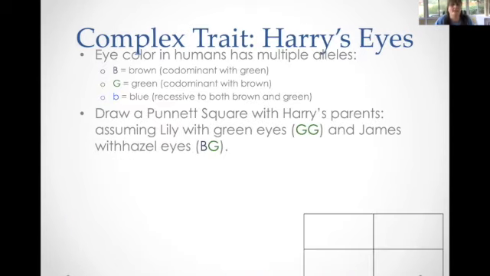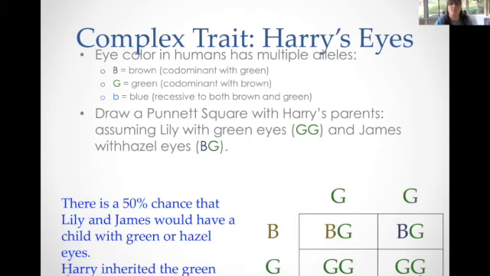Then we have Harry's eyes. This gets a little more complex. I just like to show it. Lily had green eyes and the dad had hazel eyes, which is brown and green.